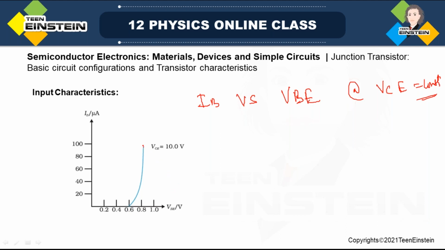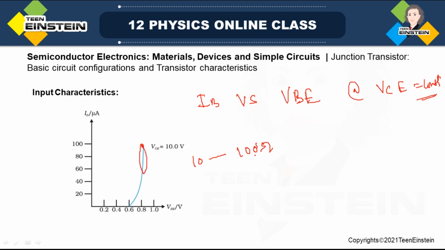Okay, and this linear portion can be used to calculate the input resistance, that is delta VBE divided by delta IB is equal to RI, that we have seen. And the input resistance can be of some 10, 100 to hundreds of ohm. Okay, hundreds of ohm.